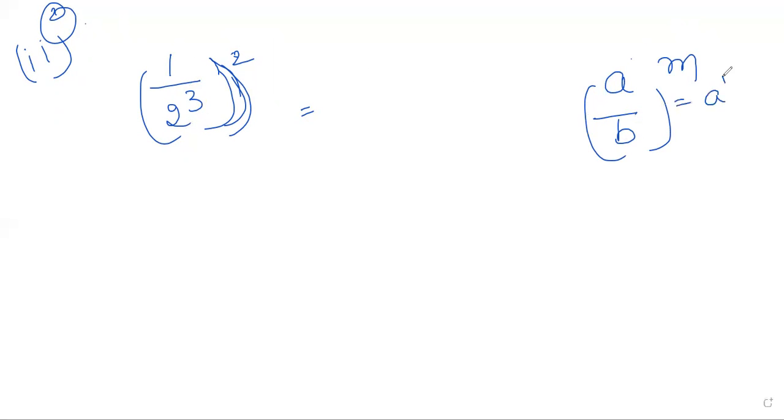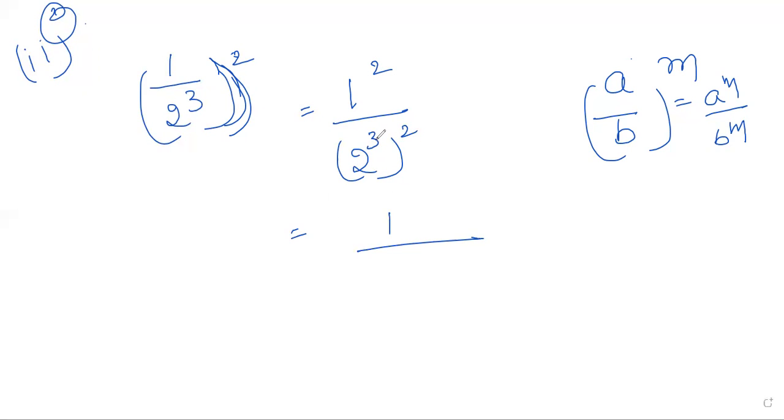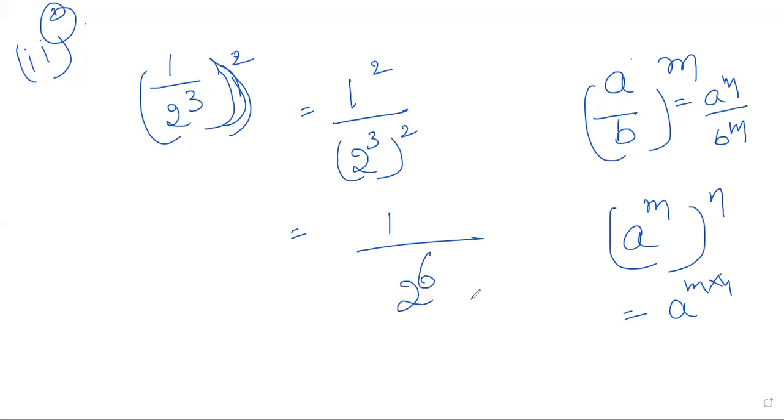That is equal to a to the power of m by b to the power of n. So you can write it as 1 square by 2 to the power of 3 whole square. That is equal to 1 square is 1, 2 to the power of 3 whole to the power of 2, which formula are you applying here? A to the power of m whole to the power of n. So what happens? I told you to do m into n. So 3 2s are 6. This is the answer.